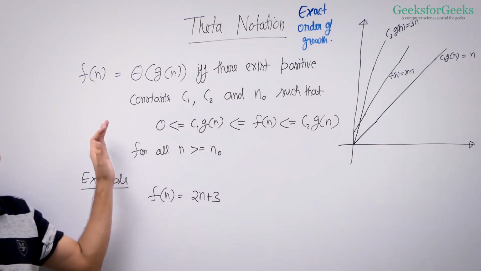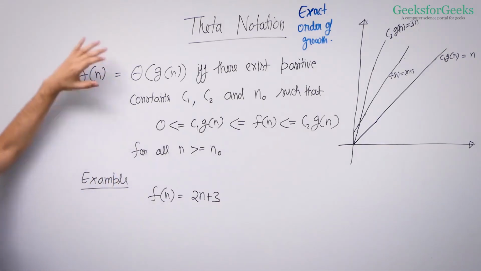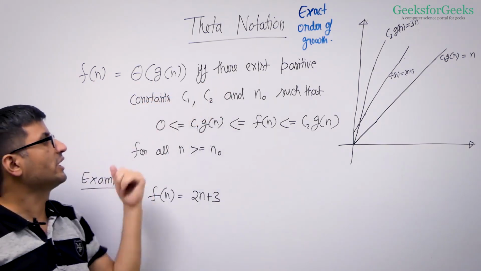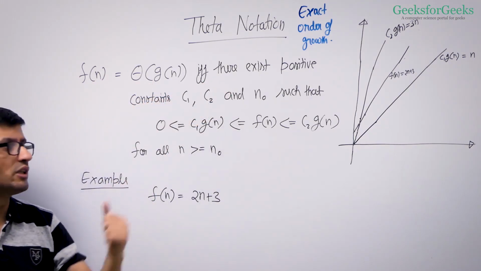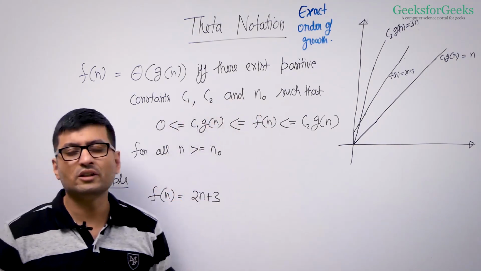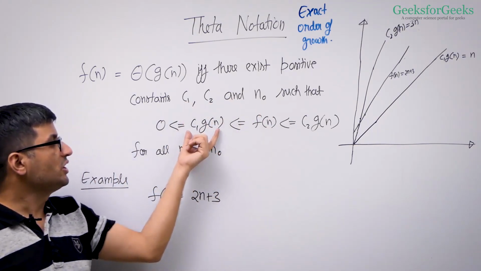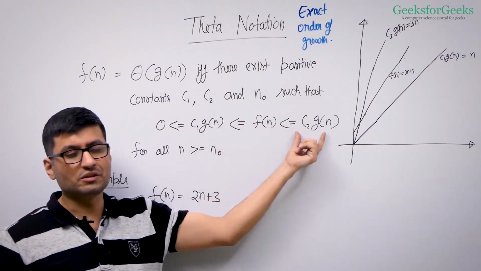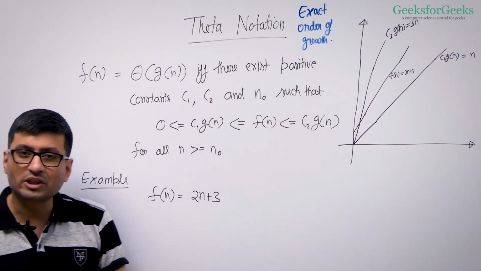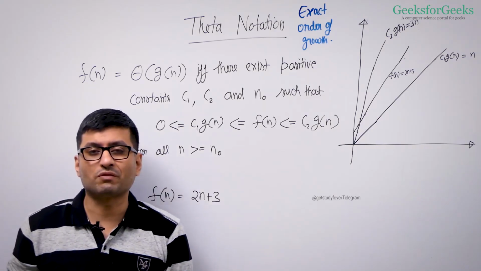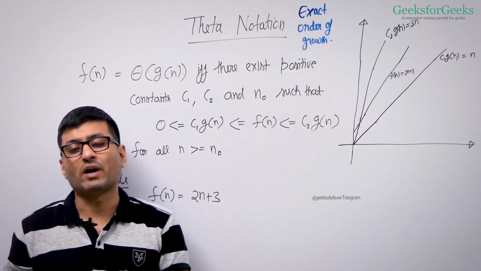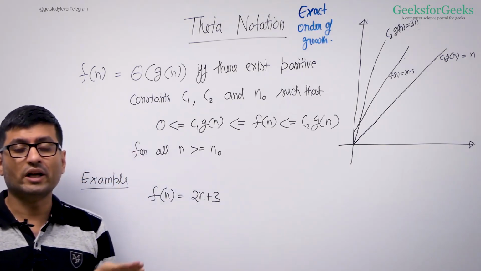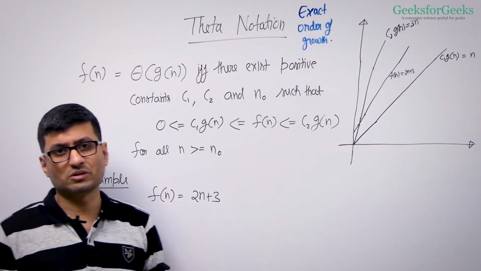Let us take a look at this mathematical definition. We say that f(n) is equal to theta of g(n) if and only if there exist positive constants C1, C2 and N0 such that C1 g(n) is smaller than or equal to f(n), which is smaller than or equal to C2 g(n). And please remember one thing, we are only talking about functions which have values greater than or equal to 0, which are positive, and n also greater than or equal to 0, right?